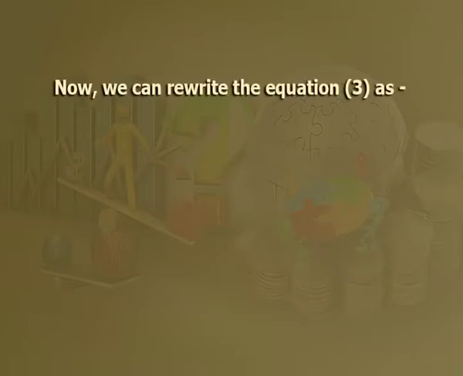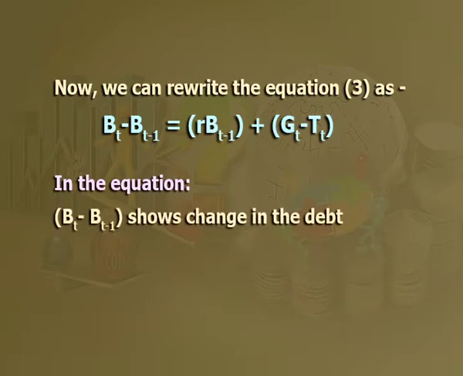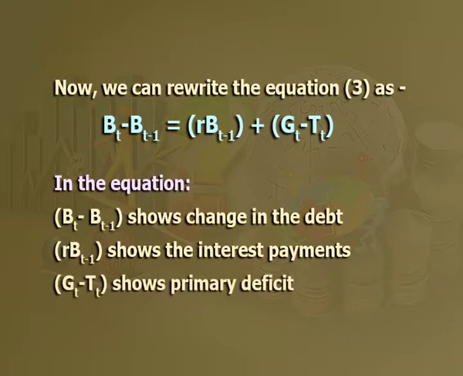Now we can rewrite equation 3 as B_t minus B_(t-1) equals (rB_(t-1)) plus (G_t minus T_t). In the equation, B_t minus B_(t-1) shows the change in the debt, rB_(t-1) shows the interest payments, and G_t minus T_t shows the primary deficit.